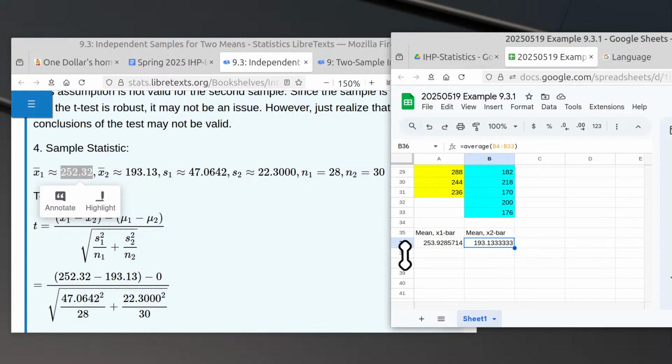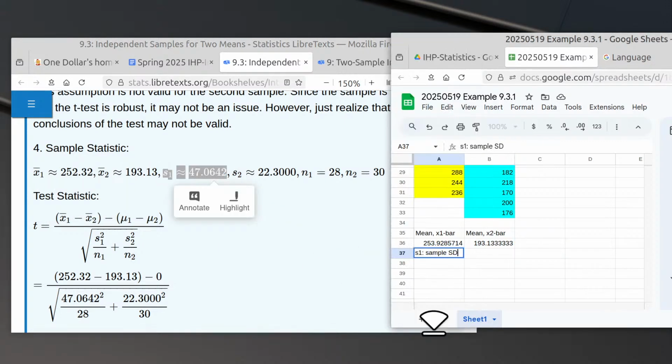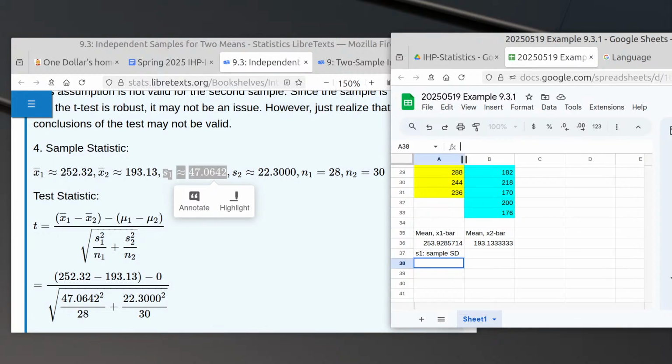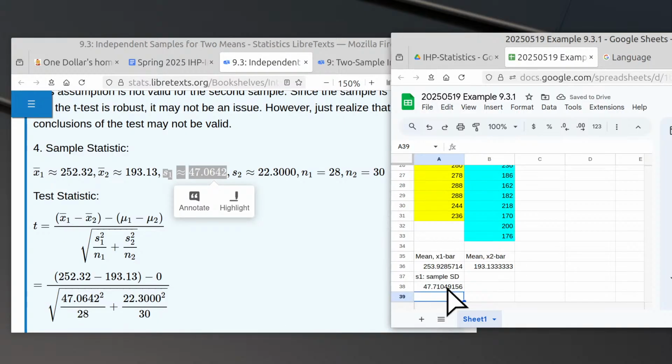Next, calculate the standard deviation s1: type here and click standard deviation. 7.71, 47.06. I have no idea why we get different answers, but they are very close. We can ignore this part.